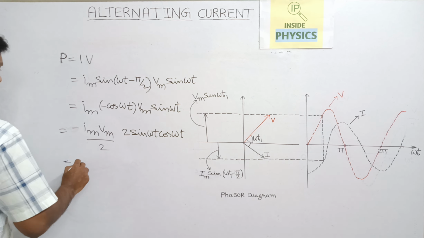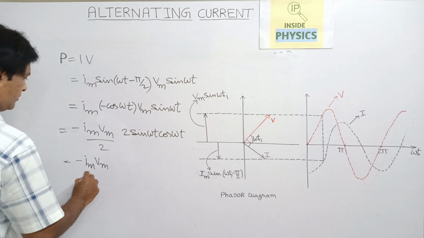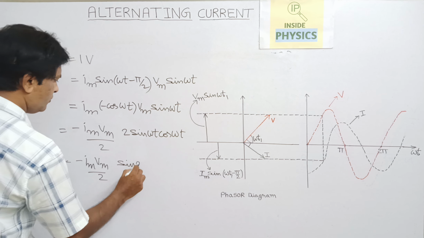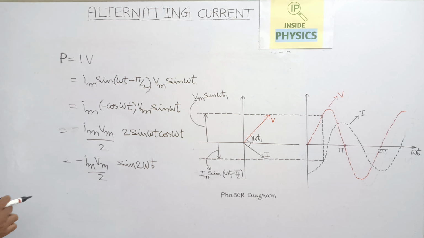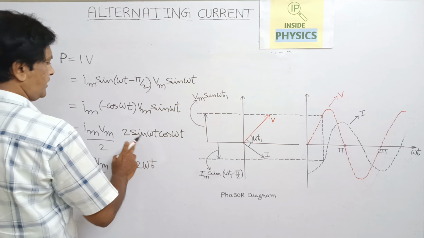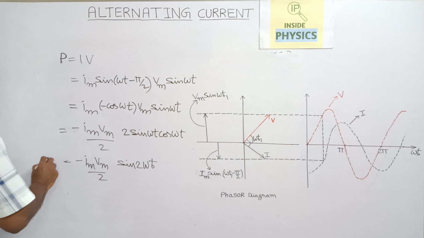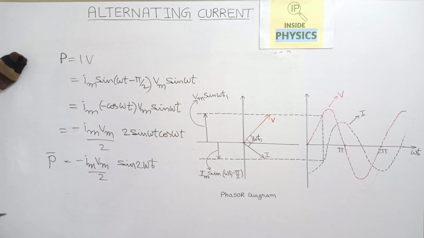So what happens, this Im Vm by 2, this is sin 2 omega t as per the trigonometric formula. Sin 2 theta is equal to 2 sin theta cos theta. So if you take the average power, why are we taking the average power?